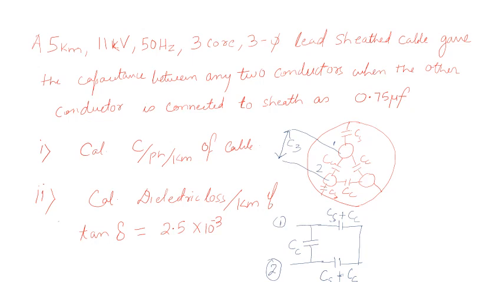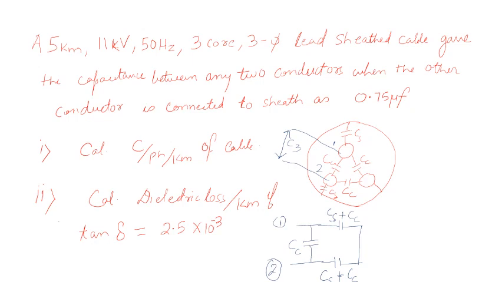A 5 kilometer, 11 kV, 50 hertz, 3 core 3 phase lead sheath cable gave the capacitance between any two conductors, when the other conductor is connected to the sheath, as 0.75 microfarad.